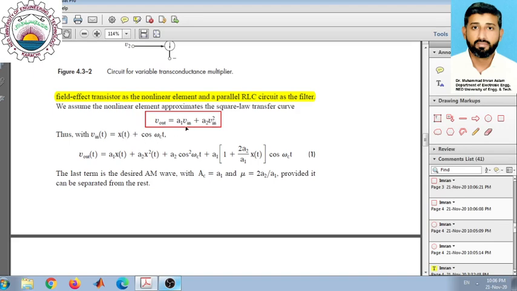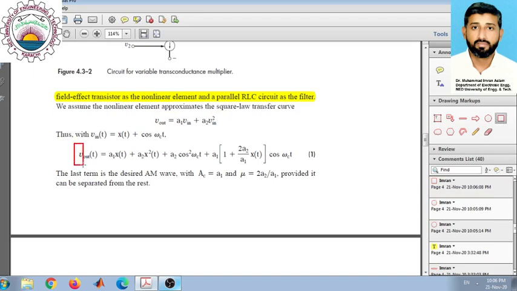The first term is linear, a very convenient term because it is directly V in, but the second term is V in square, which becomes x(t) plus cos omega ct whole squared. So you have to expand it by the standard formula, a plus b whole square.